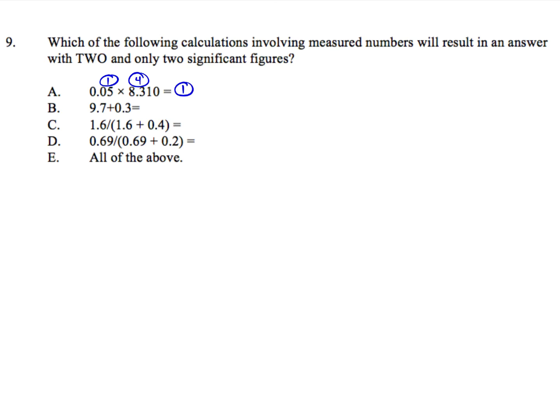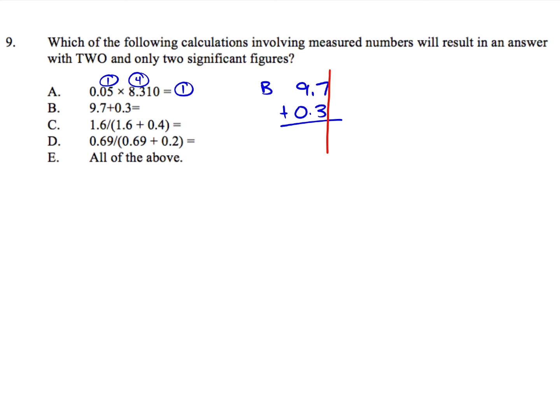Okay, now for B, addition and subtraction, it's really best to line your numbers up to figure it out. So let's work through B. We have 9.7 plus 0.3. Okay, draw your cutoff line.